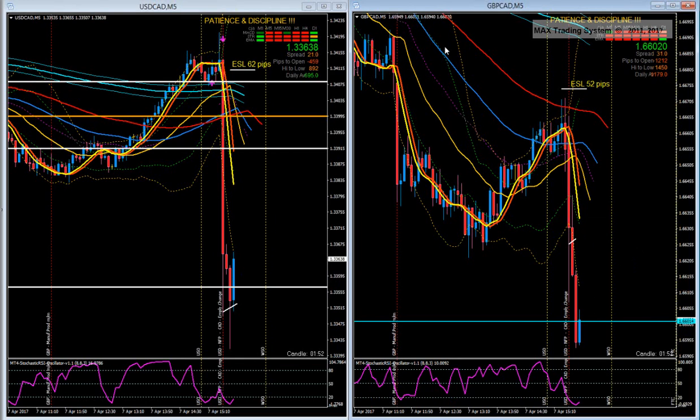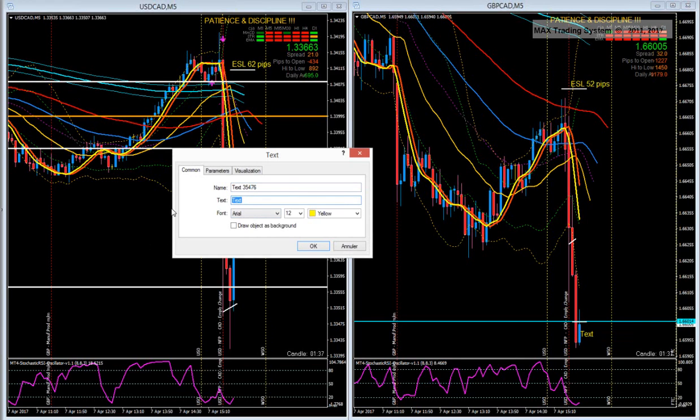You see here an exit has been triggered exactly when the price hit that level. And so here we have what we call an MX, momentum exit or minor exit.